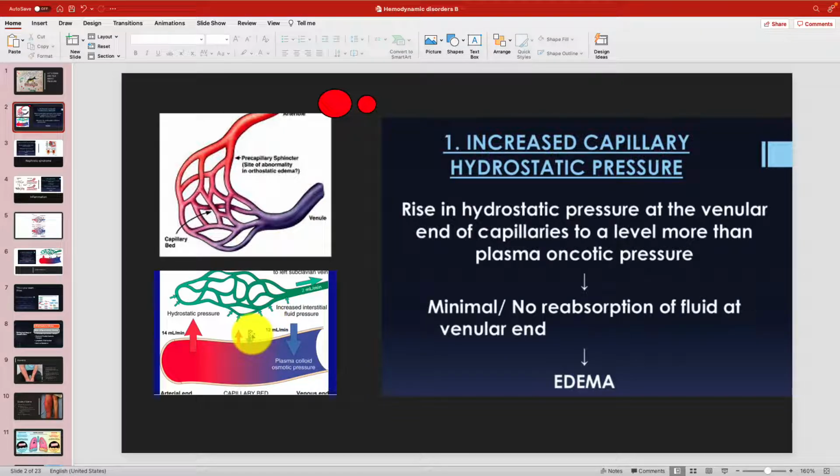And then other things that can occur is if we have this increase in hydrostatic pressure. There's a lot of diseases that cause this. And we could have heart failure and renal disease.